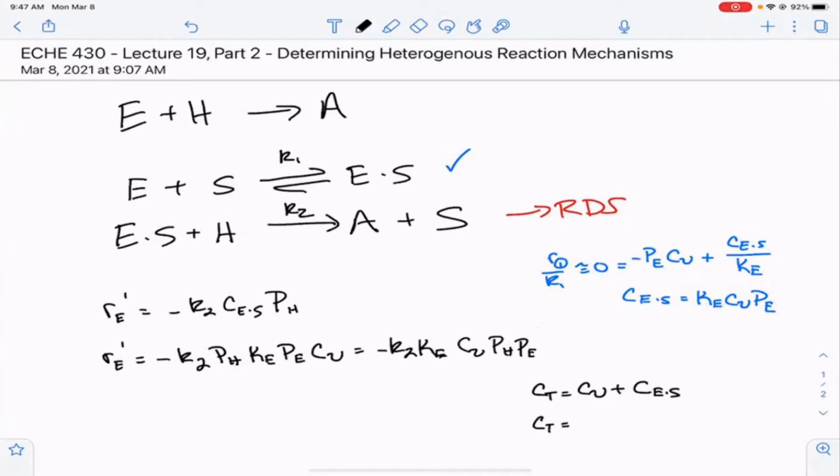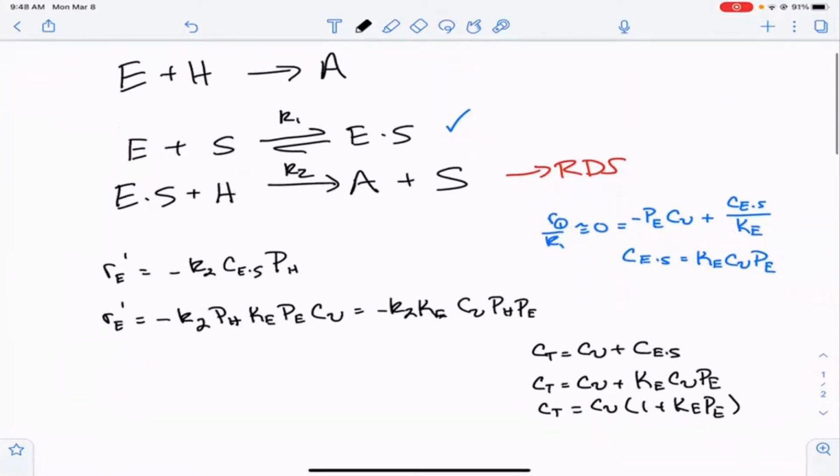So CT equals CV plus KE times CV times PE, or the total number of sites equals CV times 1 plus KE times PE, or finally, CV is just equal to CT over 1 plus KE times PE.